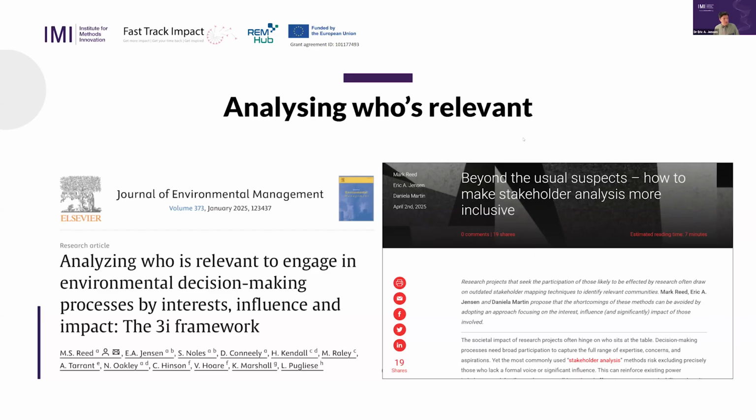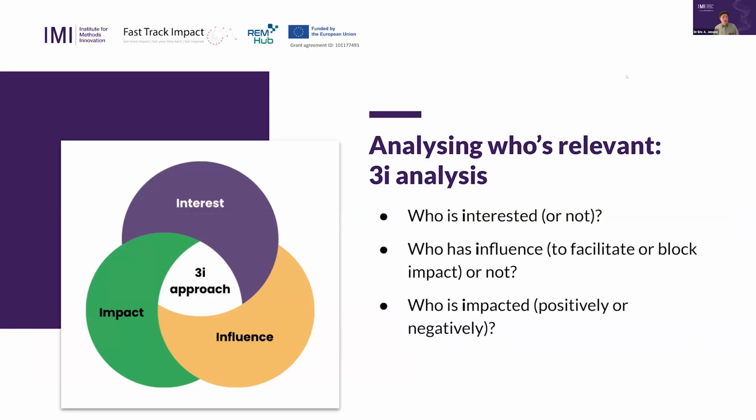And when we identify who is relevant, we can be more precise about who exactly we mean, and how they are relevant. The traditional way of determining who is a stakeholder from a stakeholder analysis is interest and influence. Interest and influence matrices are the traditional way of identifying relevant parties.